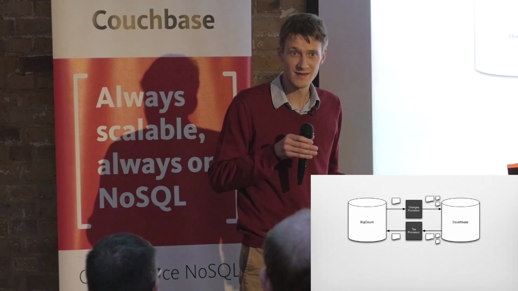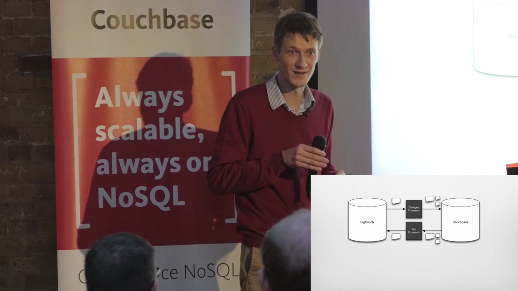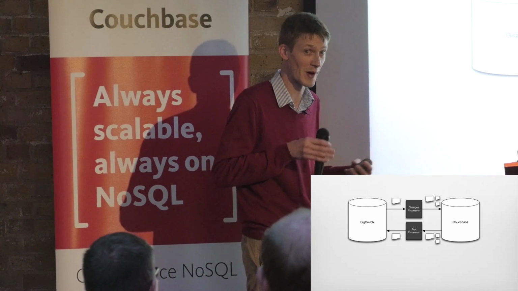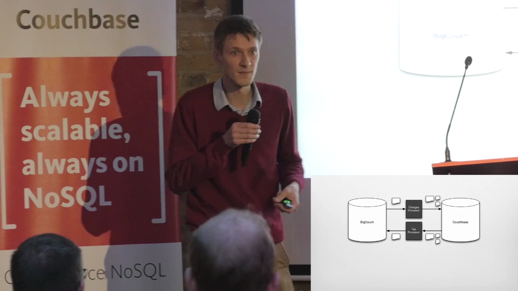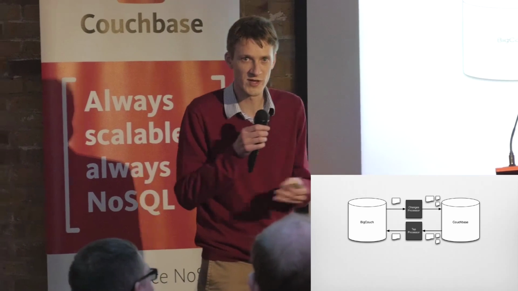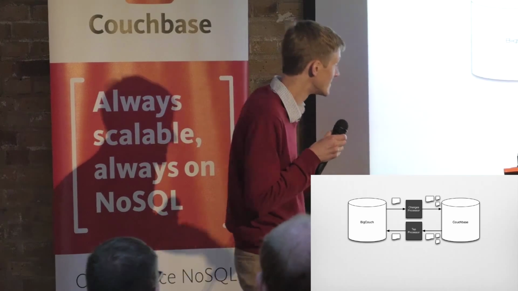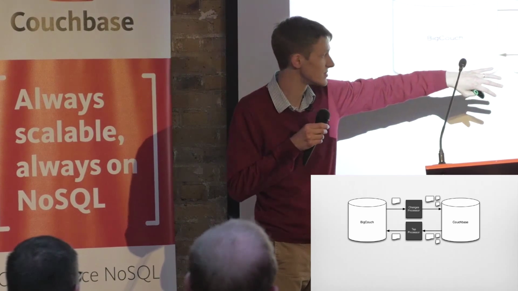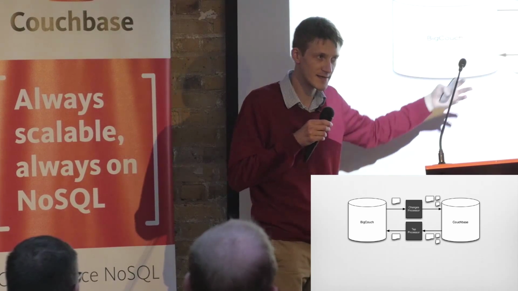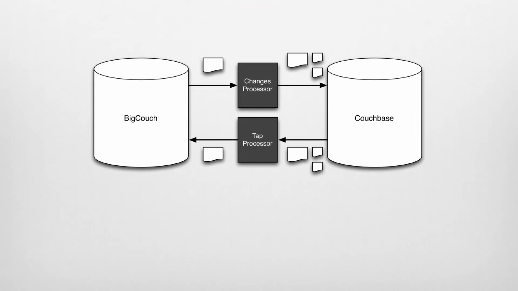And when we decided that we were ready, it took us some time to decide that we were ready, all we had to do is switch database. We had all the code ready to be able to cope with both. And in parallel, in case we had to revert, we did a script which consumed the tap protocol of Couchbase.